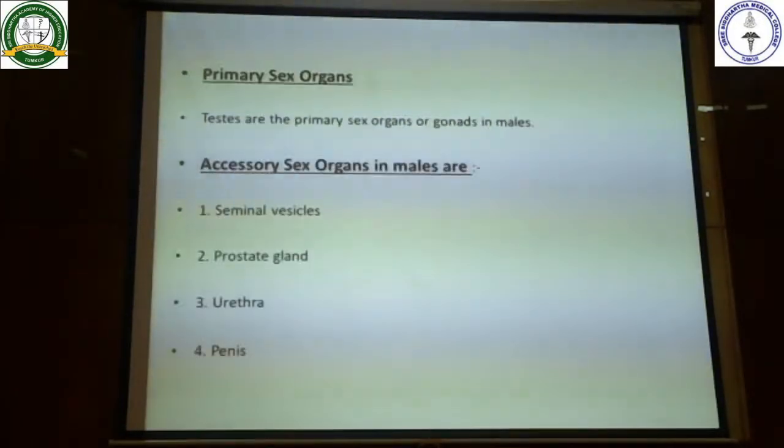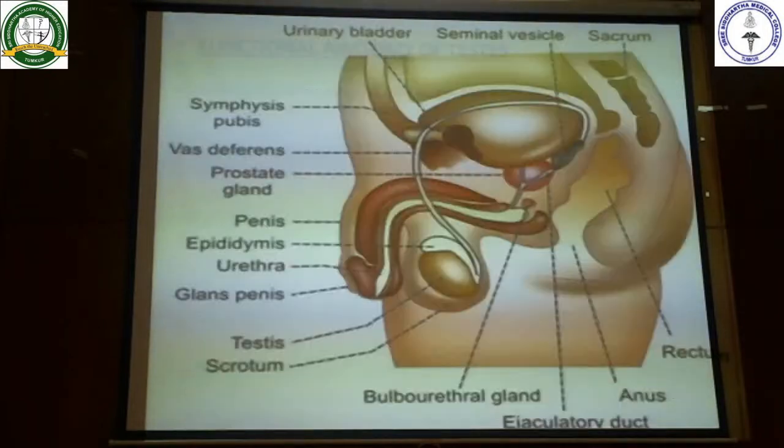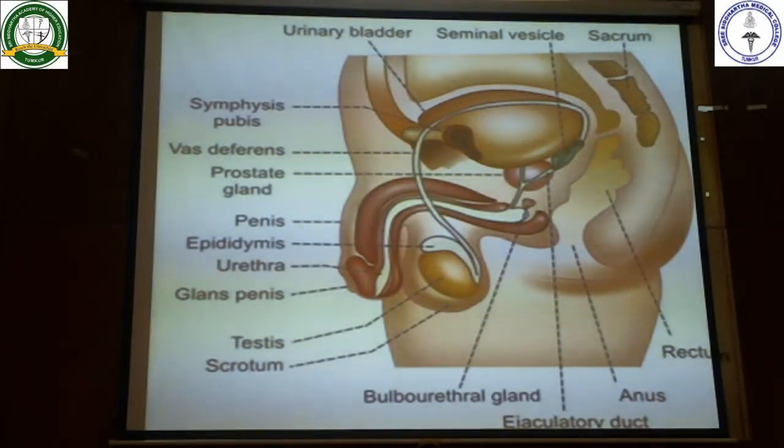So we have discussed what are the structures present inside the testis. We have discussed that there is presence of seminiferous tubules that end in the rete testis. From the rete testis begins the vasa efferentia. The vasa efferentia join together to form the epididymis.